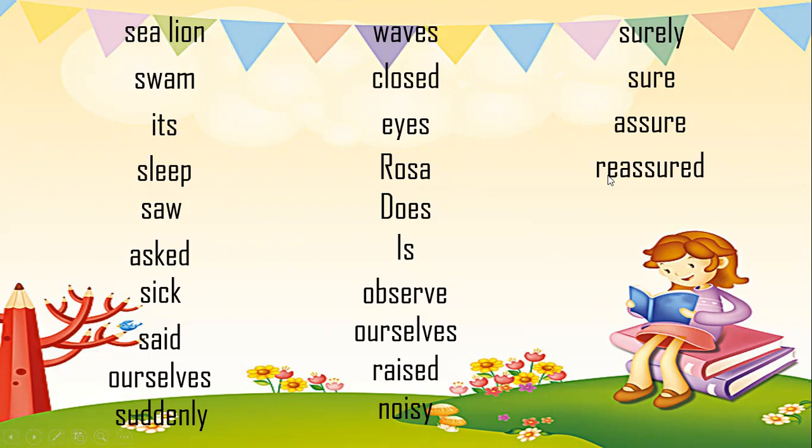And in the last one, we have the last sound like in sure: surely, sure, assure, and reassure, okay? Those are the sounds. So as you can see over here, we already have a lot of examples of the three different sounds that we have with the letter S.